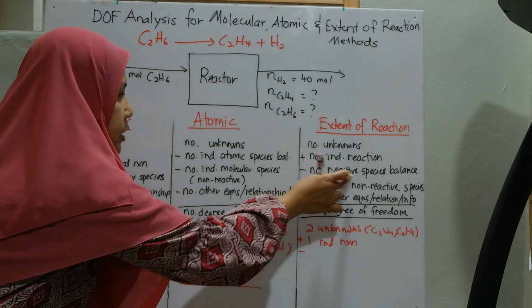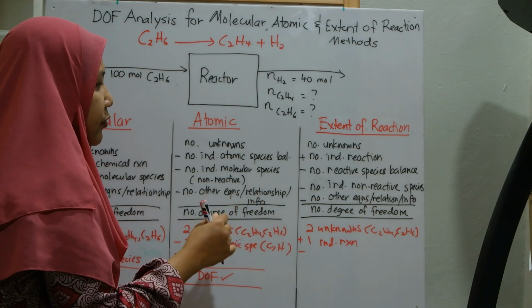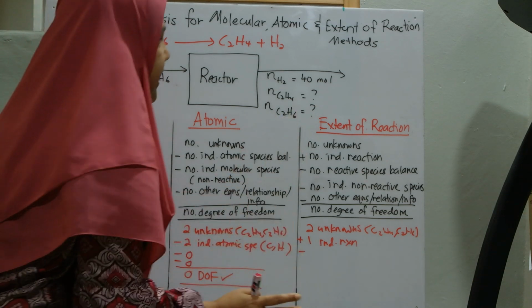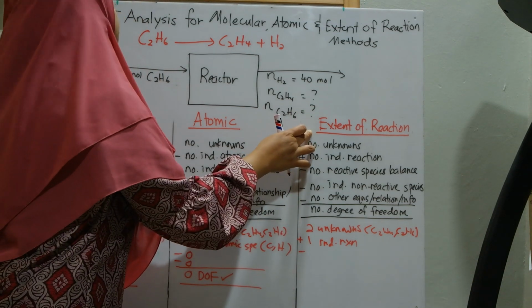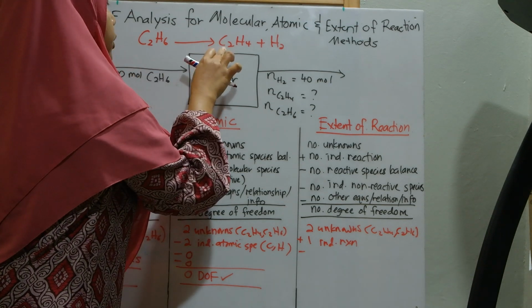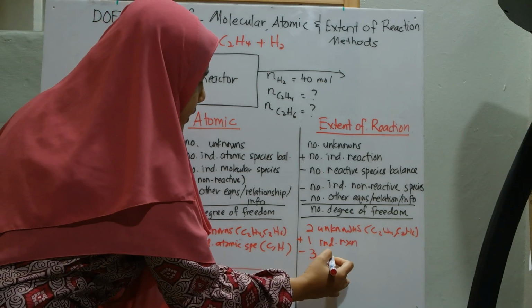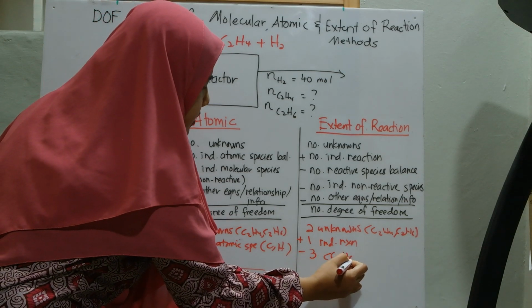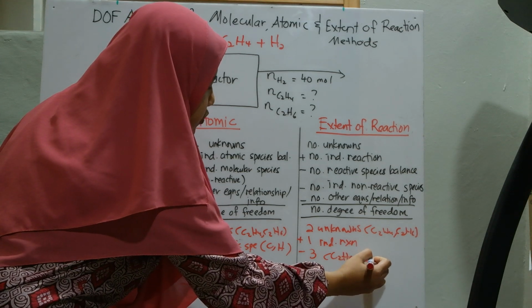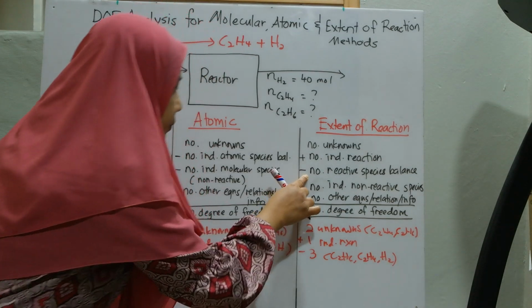The number of reactive species balances follows the reactive species that we use in extent of reaction: C2H6, C2H4, and hydrogen. So it becomes 3, right? Because we do balances for C2H6, C2H4, and also hydrogen.